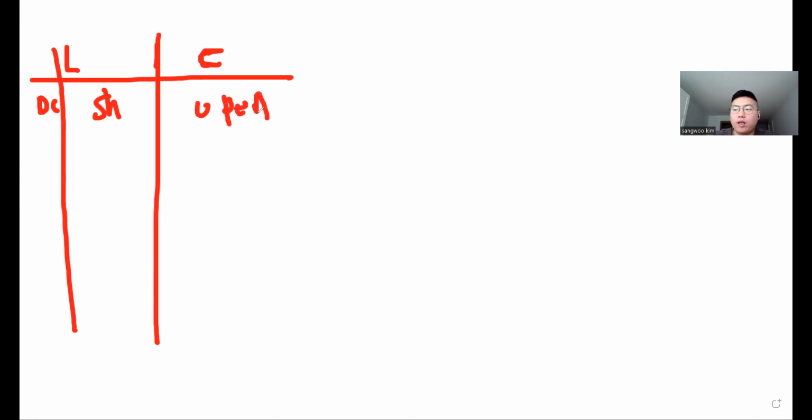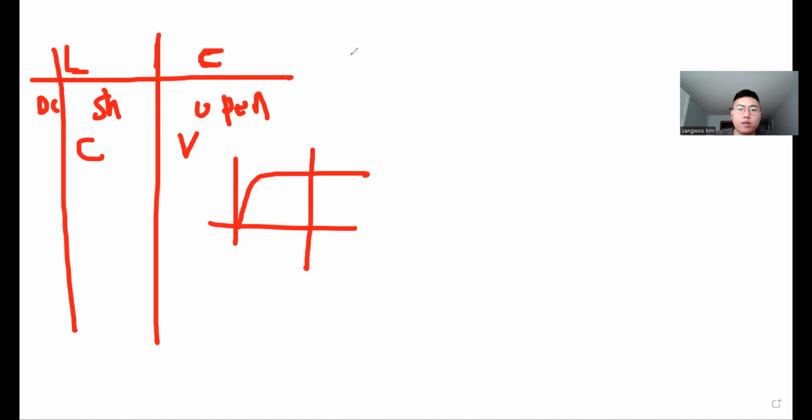L prevents or interrupts the sudden change of the current, and C has the same purpose, but it prevents the sudden change of voltage. This section is the transient state, and this is the steady state. So we learned about it here.